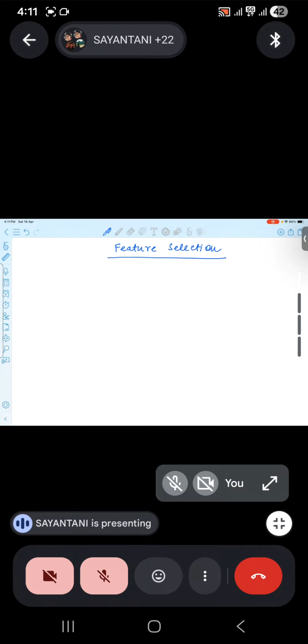Say for instance, your feature size is extremely large and you have very limited amount of space in your computer or device, storage device. So at that time, you cannot use all the features for your classification or clustering tasks. So you have to select the best features out of the given set of features.